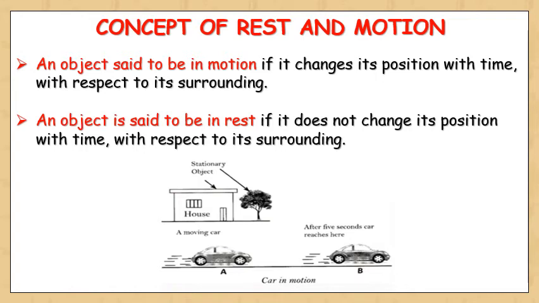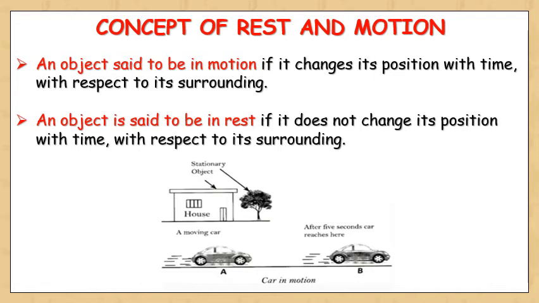Similarly, when an object is stationary, or not moving, it is said to be at rest. Let us understand this concept with the given picture. We can see a car at position A in front of a house and a tree at a particular time.